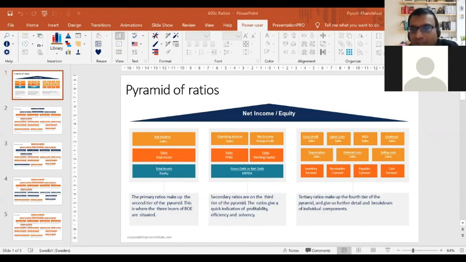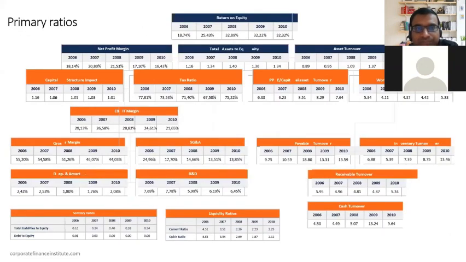Okay, now let us see how the pyramid of ratios looks. This is the pyramid of ratios. The blue color is the primary ratios. So return on equity, if you multiply these three numbers, it will tentatively give you approximately this number. You can do it for all the years.